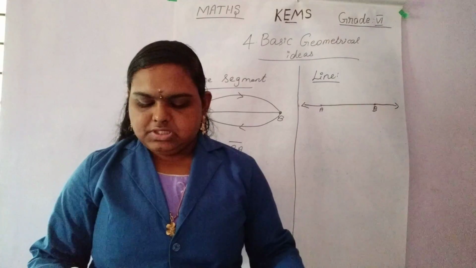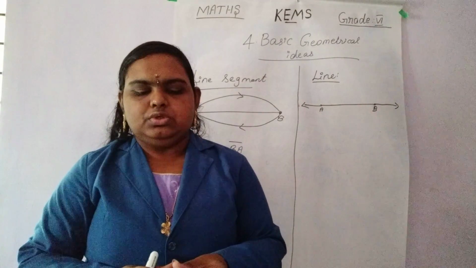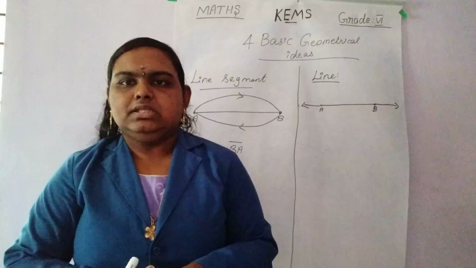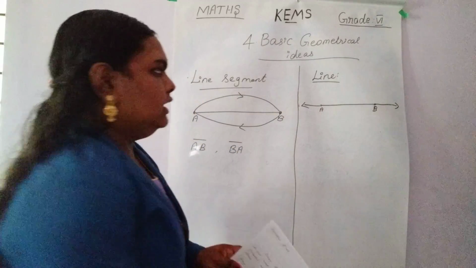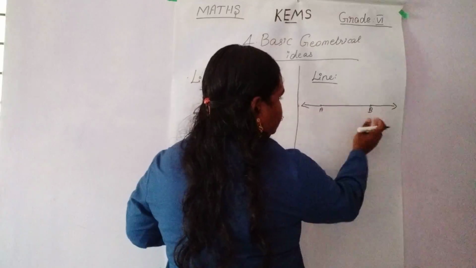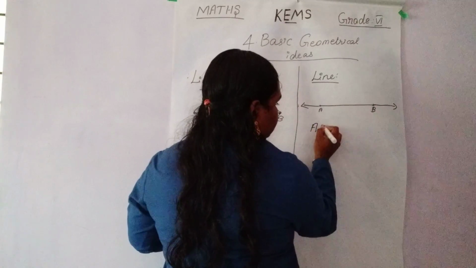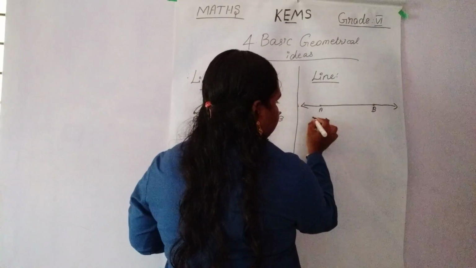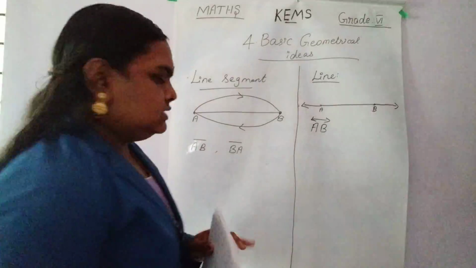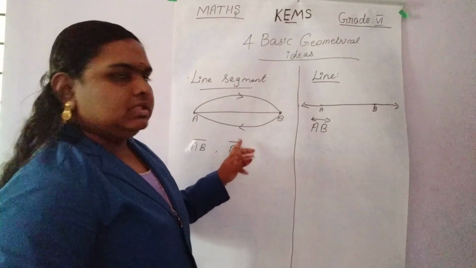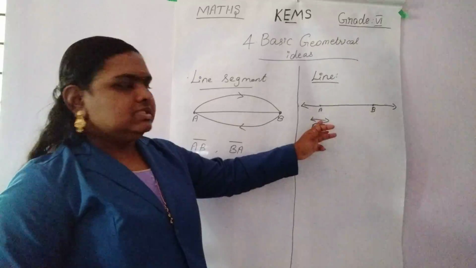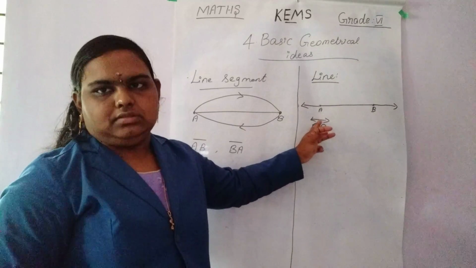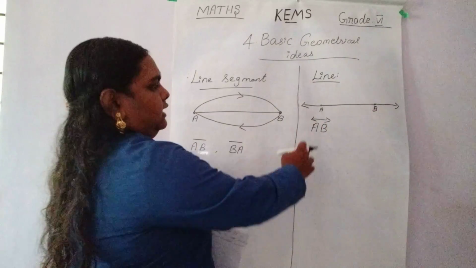Okay. The definition is a line through 2 points A and B, that denotes line AB. This is the notation for a line segment, and this is the symbol of a line.